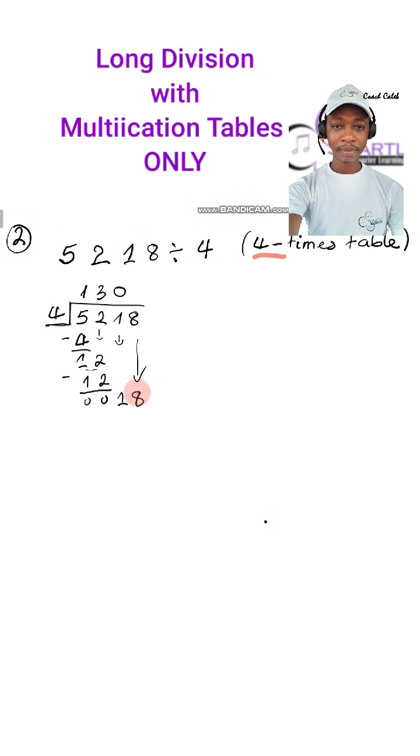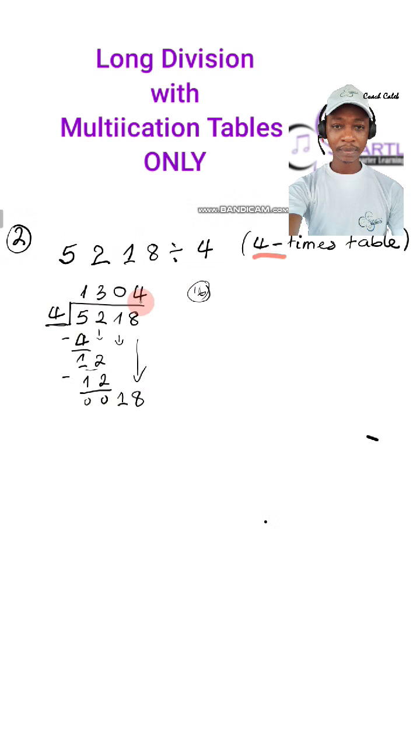So that gives you 8. Now we have 18. So 18 divided by 4. Is 18 there? No. So what is the closest multiple before 18? It's 16. So we're using 16 now. 16 divided by 4. Answer is 4, and the 4 times table is on line 4.